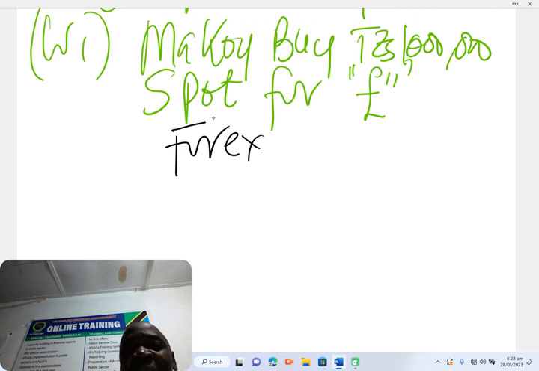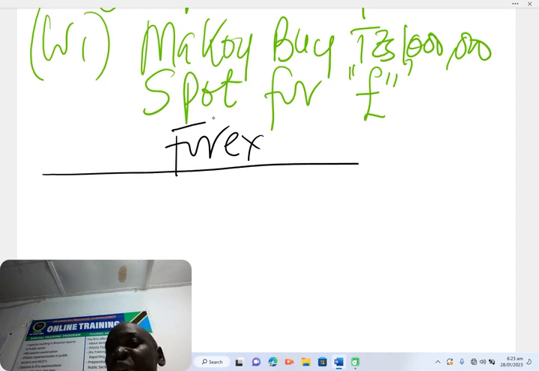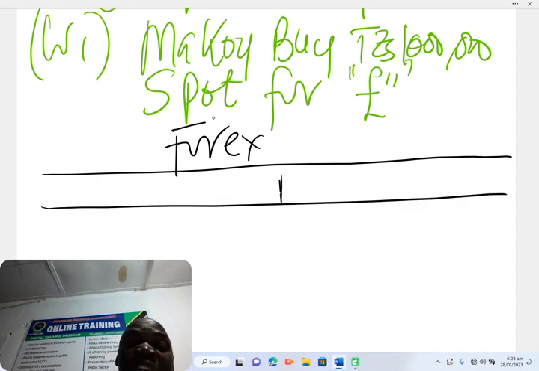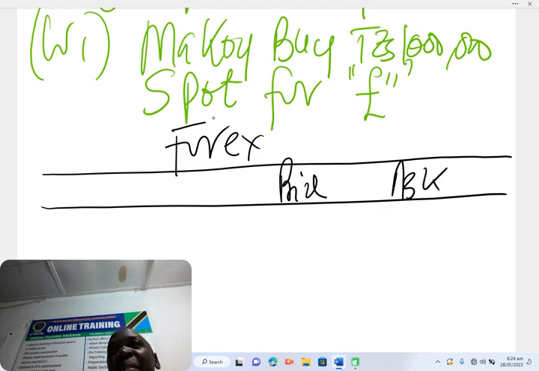Forex. Remember, the pairing is TZS against pound, isn't it? So in Forex, we should be choosing which rates here. So we have bid and ask. Now in Forex, what is available? We have to go straight to the spot rate, number 1, because it's saying spot.